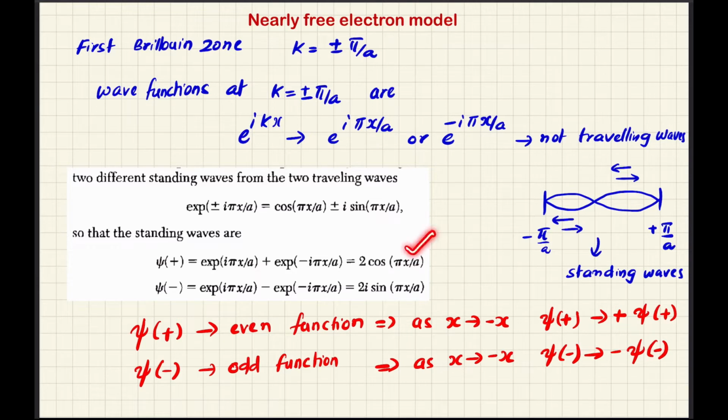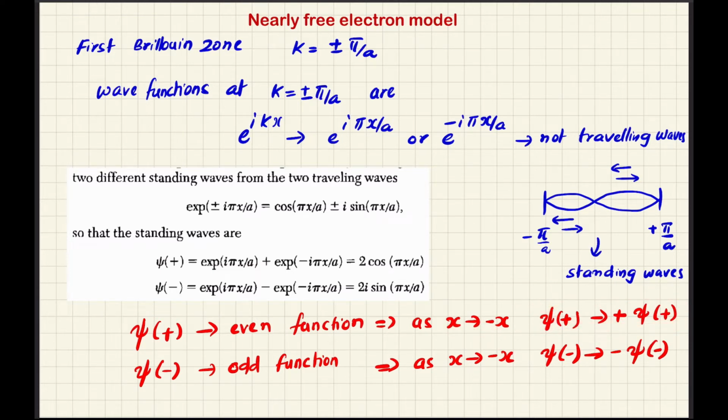This is an even function, represented by psi plus. Even in the sense that as x goes to minus x, the function gives plus psi plus, so it has a reflection symmetry. Even if you reflect, the wave function remains the same. Such functions are called even functions.